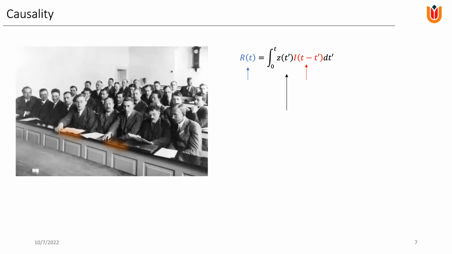So how do we go about describing response functions? Well, very simple. We have a response of a physical system that is given by the input and some function that connects them, the causal function. What you see here from this integral is that the response at time t is basically a weighted sum of everything that happened before.